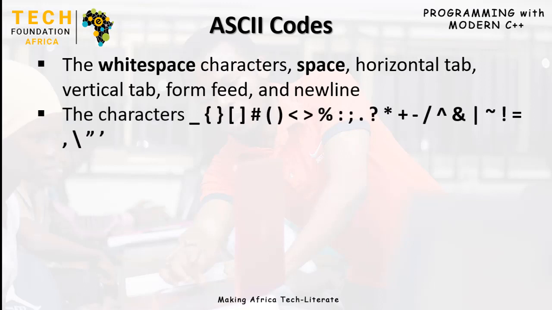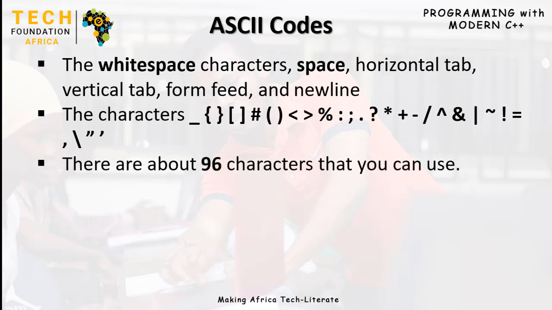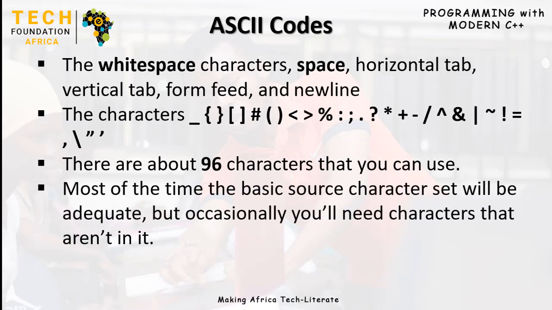Then we also have these symbols you've been seeing: underscore, curly braces, square brackets, the hash as in hash include, the parentheses, less than, greater than. These symbols are all used in C++, so they form what we call the source character set. In total you have 96 characters that you can use, and it's likely that this will accommodate your needs most of the time.